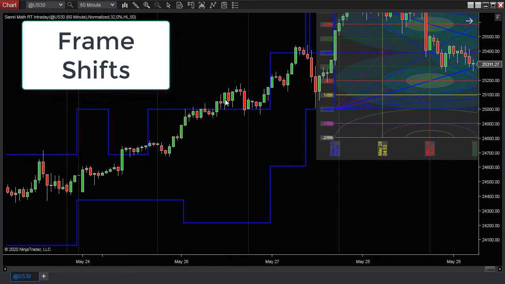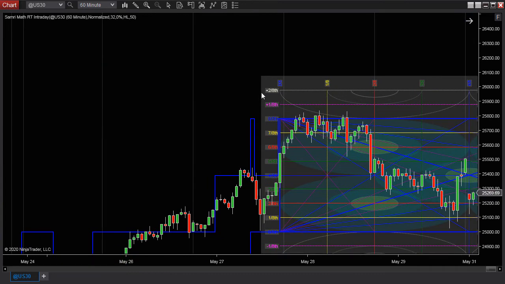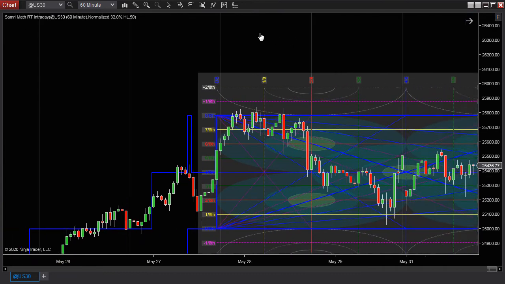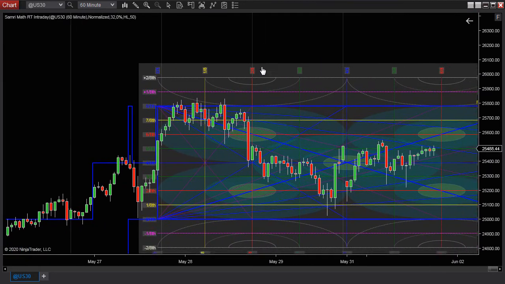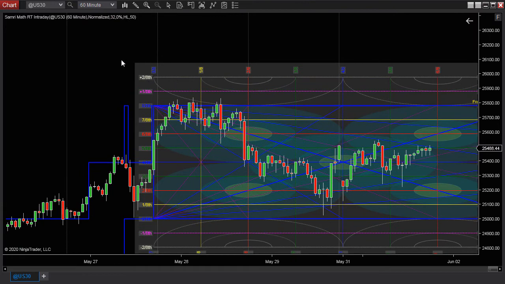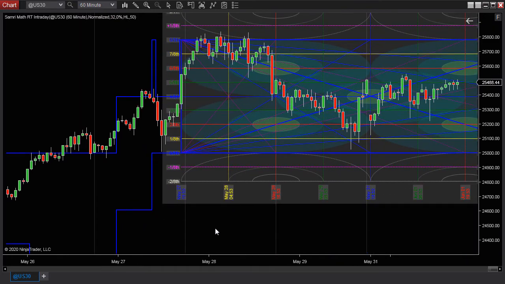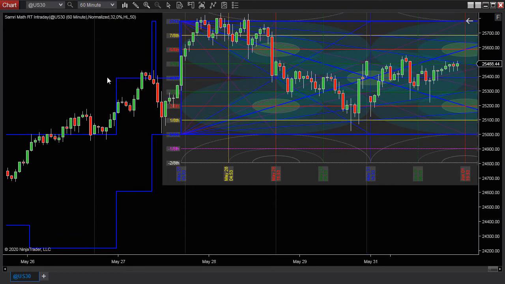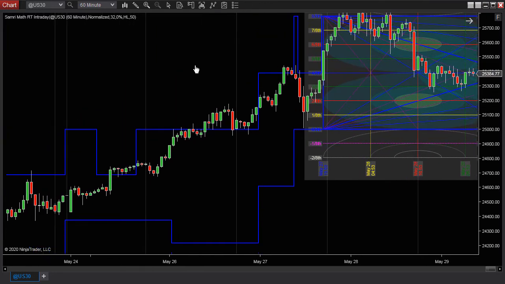Why would it change? If you breach through the +2/8 line, the frame will change. If you breach through the -2/8 line, the frame will change.